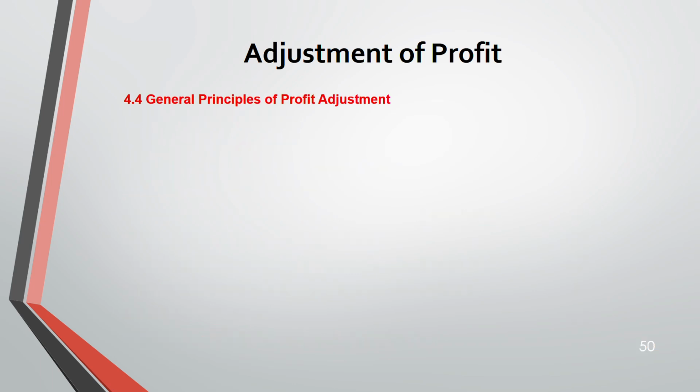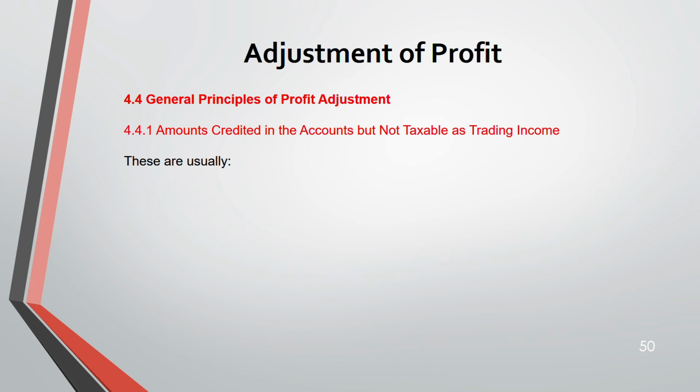Then the general principles of profit adjustment. First, amounts credited in the accounts but not taxable as trading income. You have taken them in your profit and loss account for accounting purposes, but from the point of tax, they are not taxable as trading income. They are not your trading income.